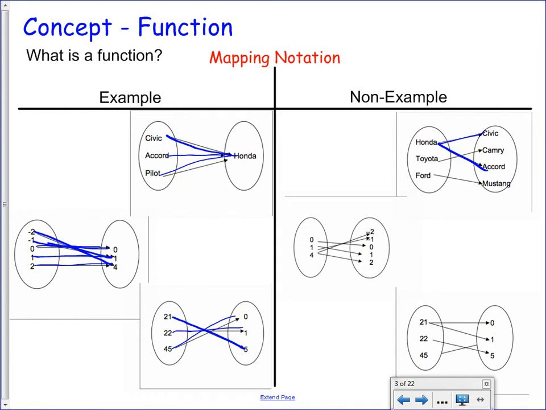If I look here, 4 is being used twice. If I look here, 21 is being used twice. So as Rob said, if you were to think of this as an ordered pair, x is always on your left, y is always on your right. x can only be used once, not twice.